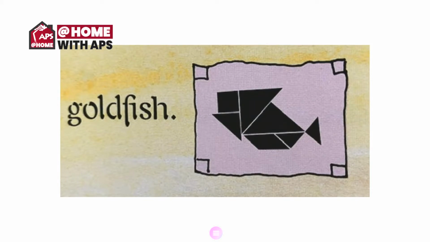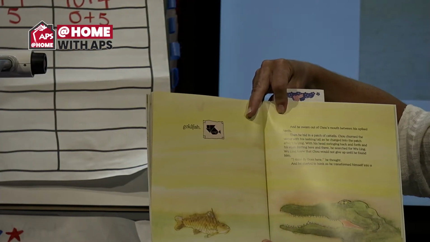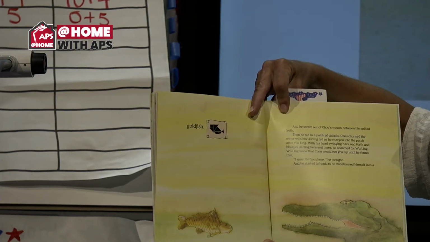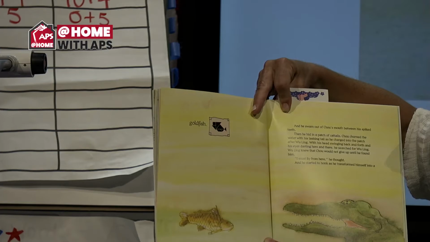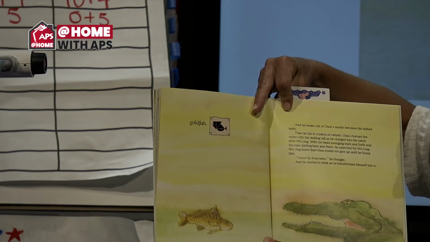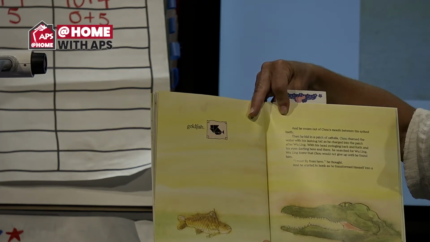Then he hid in a patch of cattails. Chow churned the water with his lashing tail as he charged into the patch after Wu Ling. With his head swinging back and forth and his eyes darting here and there, he searched for Wu Ling. Wu Ling knew that Chow would not give up until he found him.